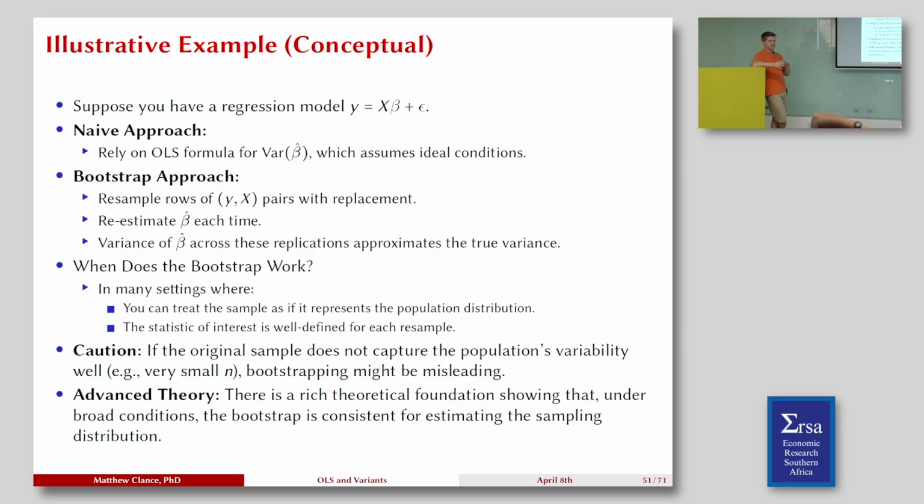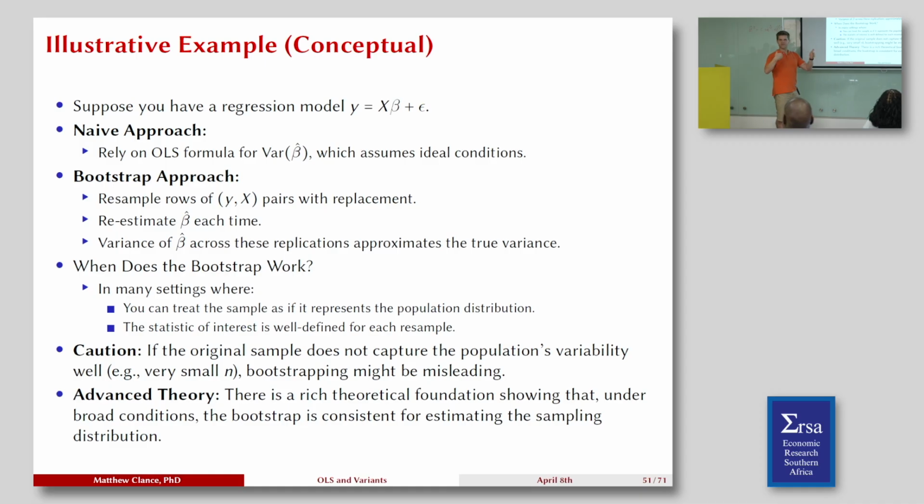If education in one sample, when we resample, it's still having that same type of definition. So if the original sample doesn't capture the population's variability very well, in the sense that when we took the primary sample we had a large range within our education outcome, and when we're resampling, for some reason, instead of being from 0 all the way to 16, it's 8 to 10.